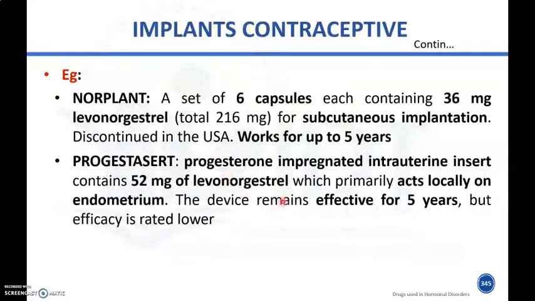These are implants which are inserted intrauterinely. It is a progesterone-impregnated intrauterine insert, containing 52 milligrams of levonorgestrel, which acts primarily locally on the endometrium, and this device can remain up to 5 years. That is the advantage of implant contraceptives. Once implanted, it can work up to 5 years, so we don't have to take the oral contraceptive for 21 days for the next 5 years.